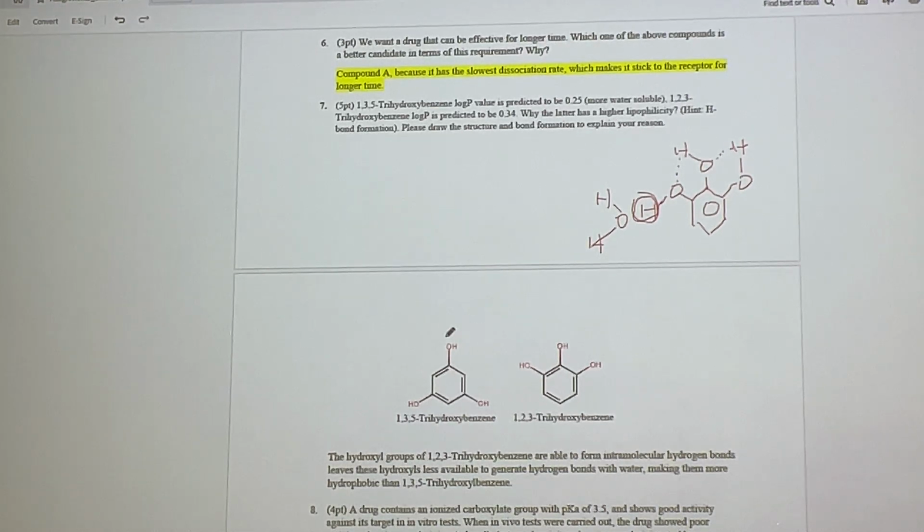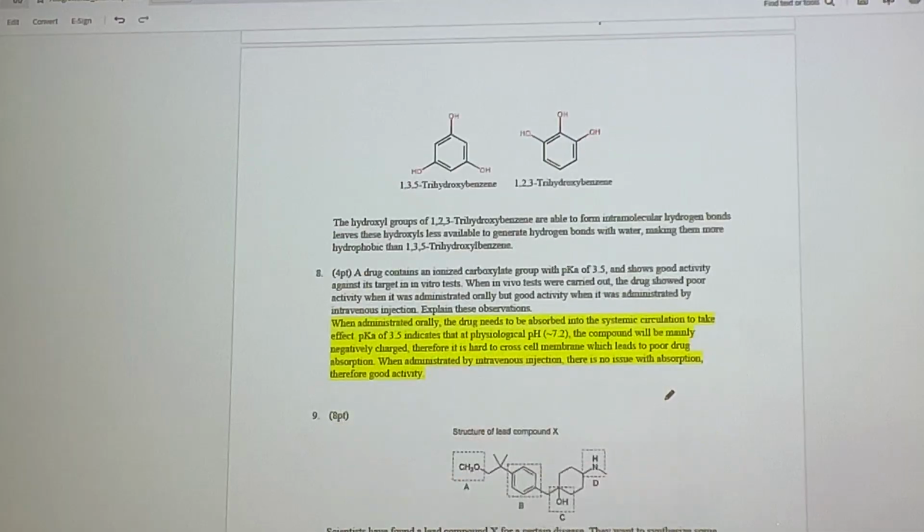So all of them will be bonding to the environmental water molecules, causing a stronger hydration to the solvent. So that's why this one has a higher water solubility than this one. All right, so that is that.